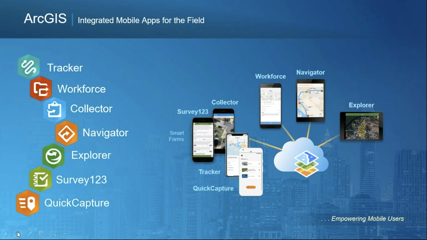So again, as I mentioned, Esri has really built a series of downloadable applications, all designed with your field workforce in mind. So there are 4 different applications for data collection, each really designed for a different set of requirements, and 2 others to help you manage work orders and really efficiently navigate to the job site.